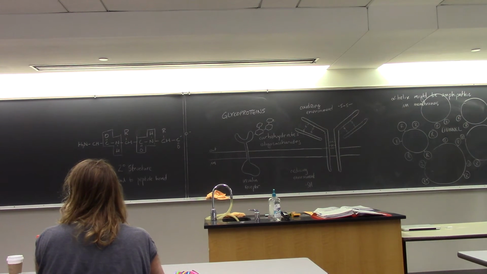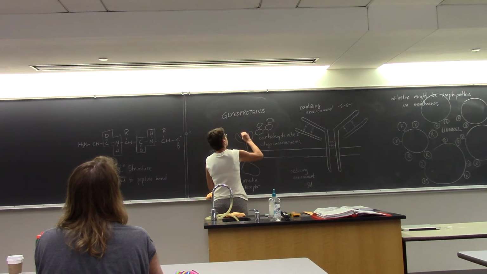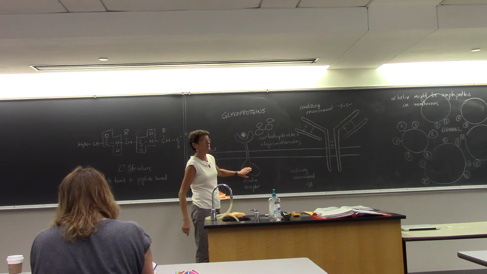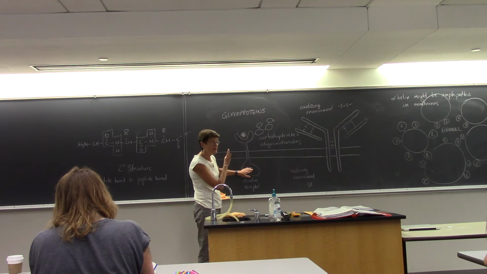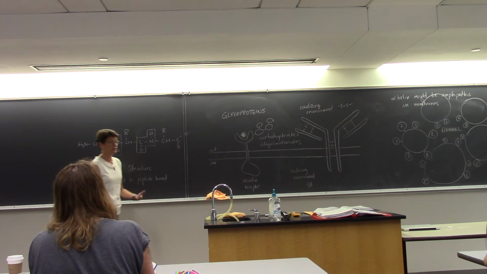So insulin binds to the insulin receptor to activate the tyrosine kinase activity, and it's this tyrosine kinase activity that then does all of the effects that insulin would normally do inside the cell.